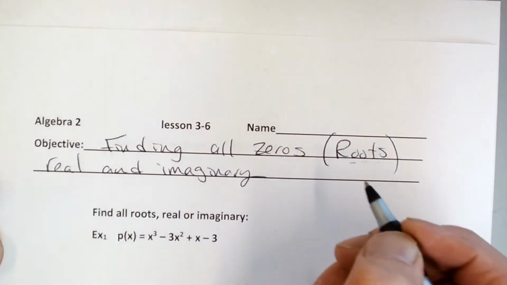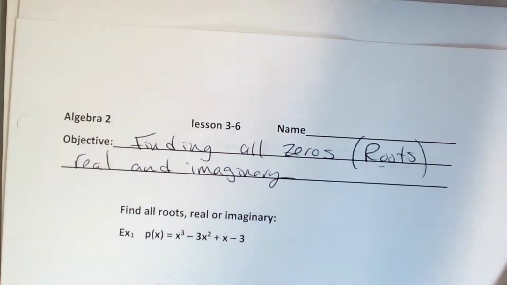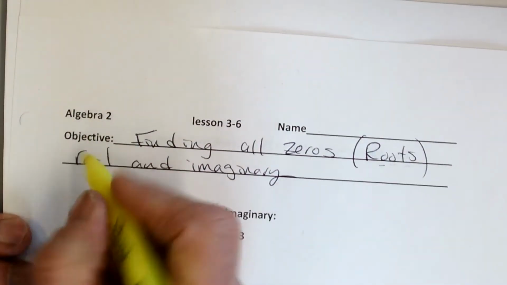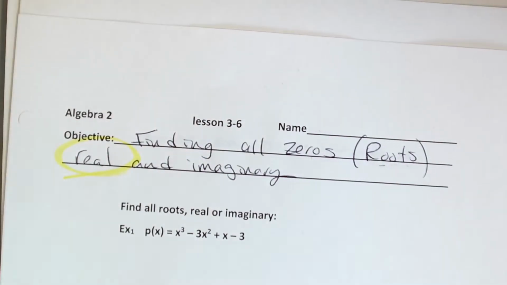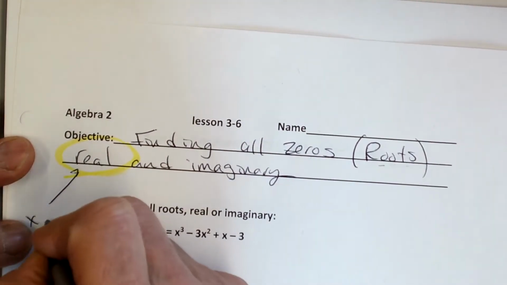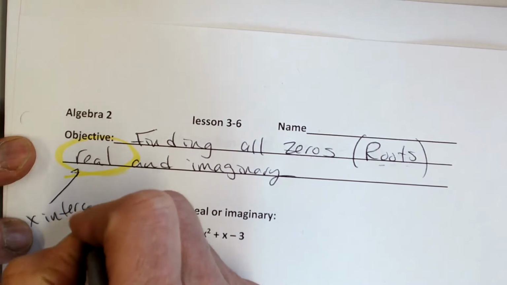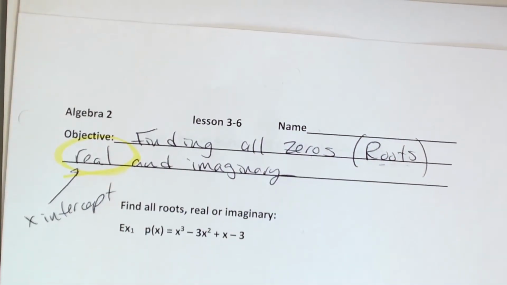Okay? If it's a real number, if it's a real root, then it's going to be an x-intercept. We've seen that from yesterday's assignment, right? When we graphed them, if it's real, it's going to be simply an x-intercept. If it's imaginary, you won't see it on the graph at all.